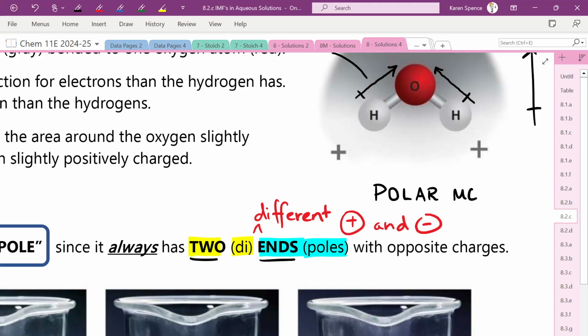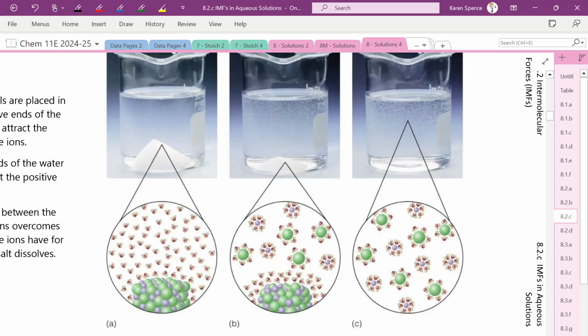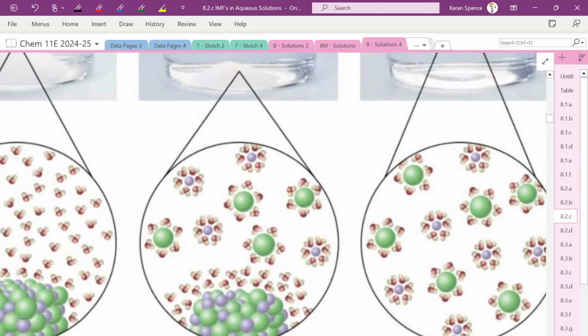And what's happening is that although we are breaking ionic bonds, what you can see here is that we are forming intermolecular forces between the negative ion and the positive hydrogen. And if you look at all of the negative ions, they are all surrounded by the white hydrogens.